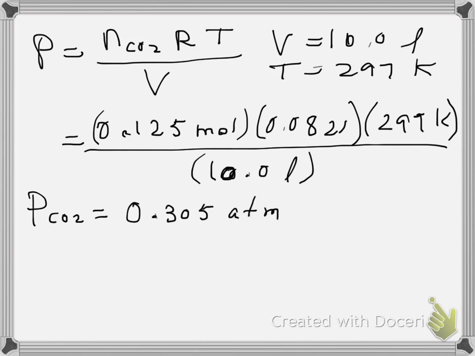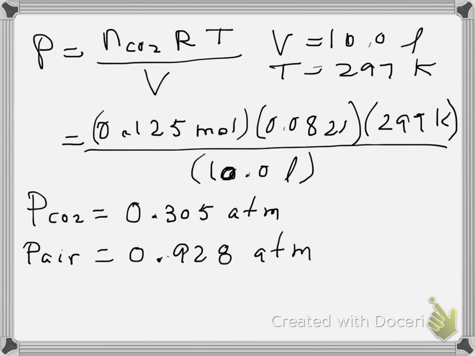atmospheres. Now the pressure from the air, they said, was 705 torr. So if I divide that by 760, I get 0.928 atmospheres.